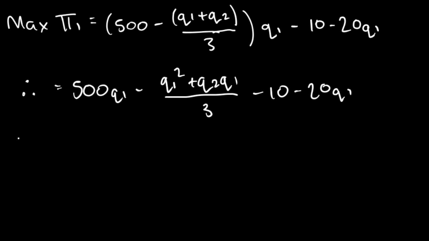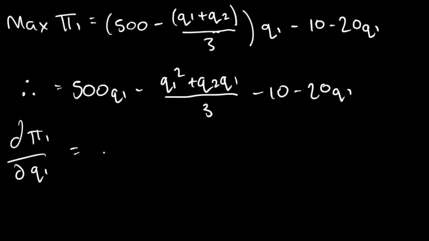So now let's take the first order conditions with respect to Q1, because this is again the profit function for firm 1, which we're looking at. So this is all going to be with respect to Q1. As you can see, these are all Q1s here.